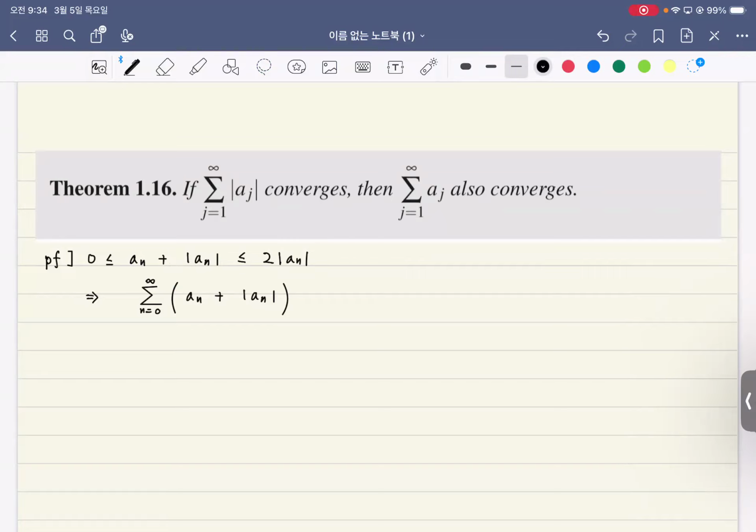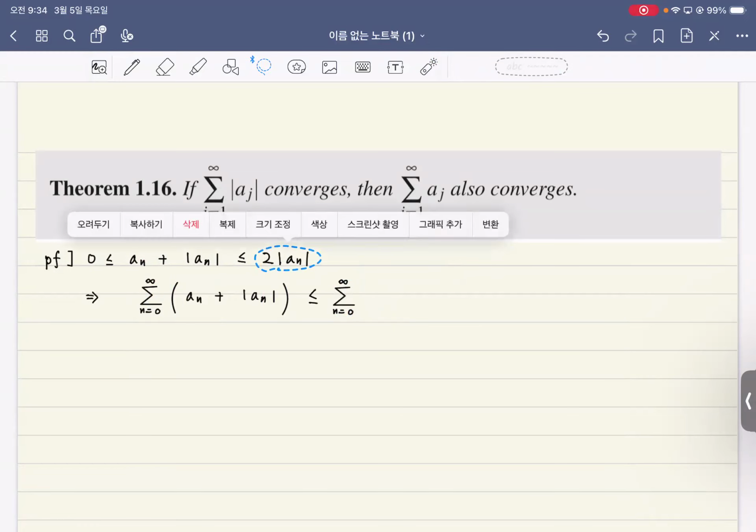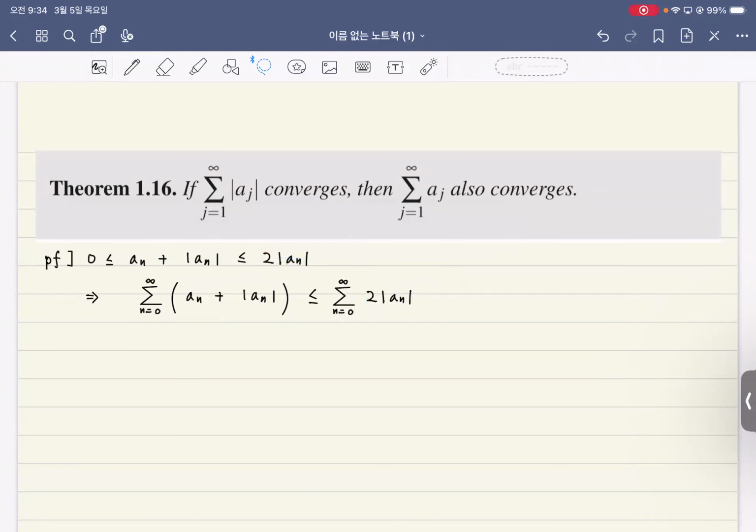And since we have this inequality, this is also bounded by this.